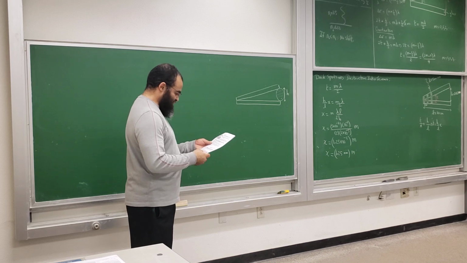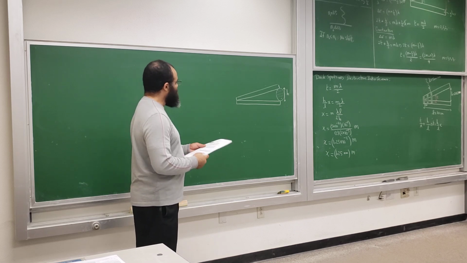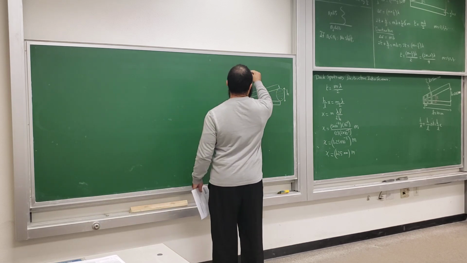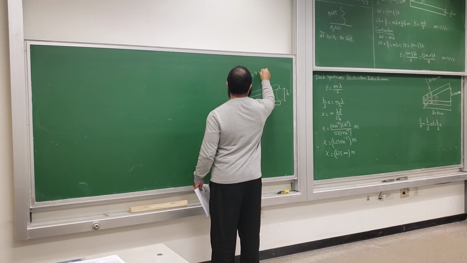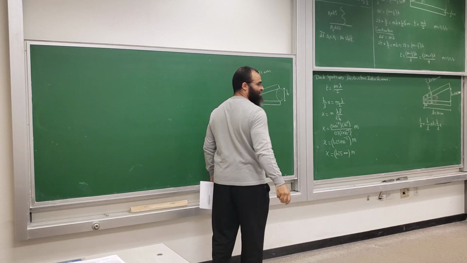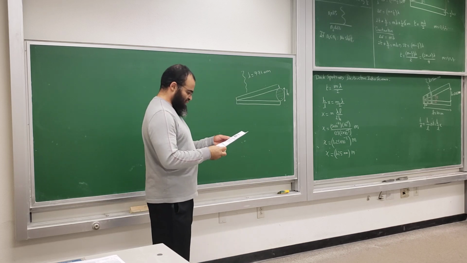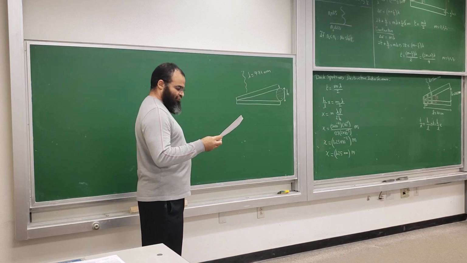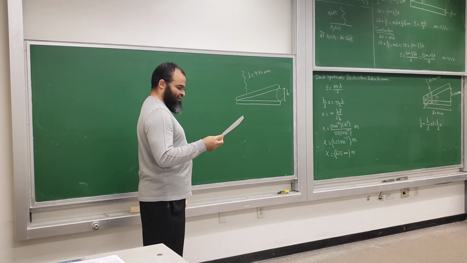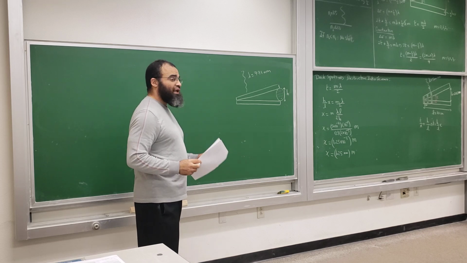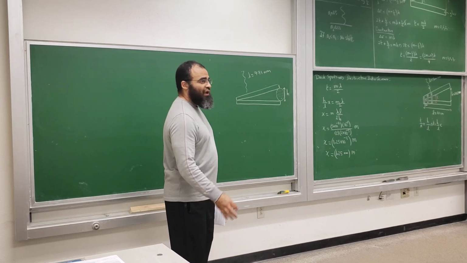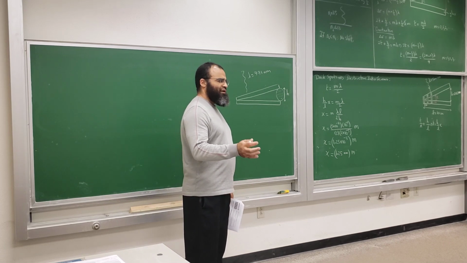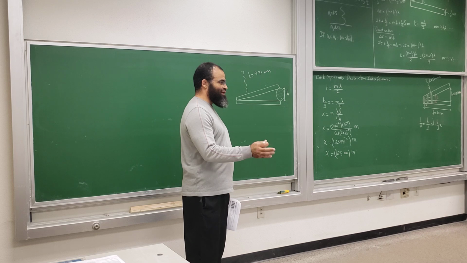So you shine light of lambda equals 771 nanometers. When you shine light of 771 nanometers and look at the two pieces of glass from the top, you count: here's one bright spot, two bright spots, three bright spots.